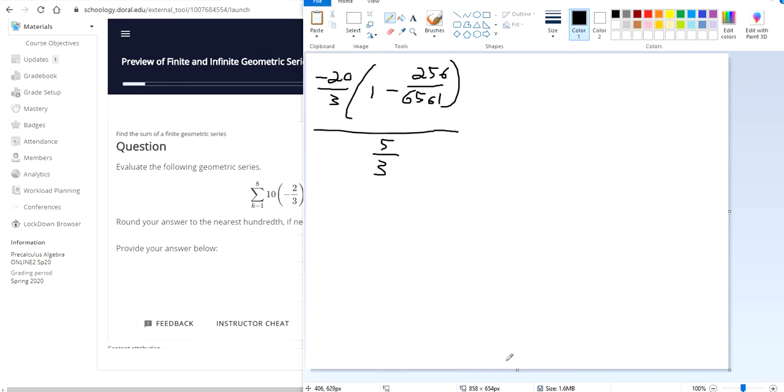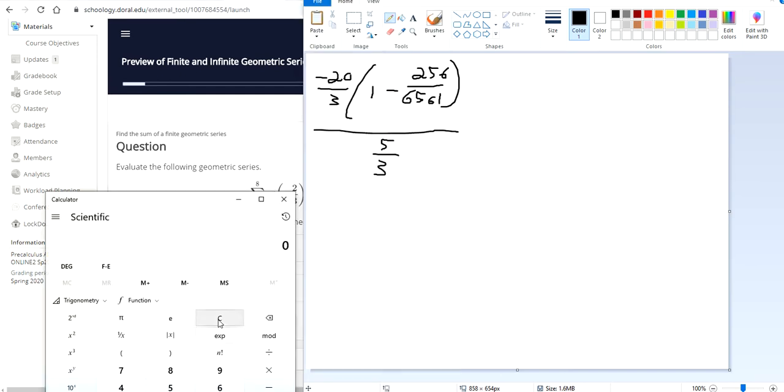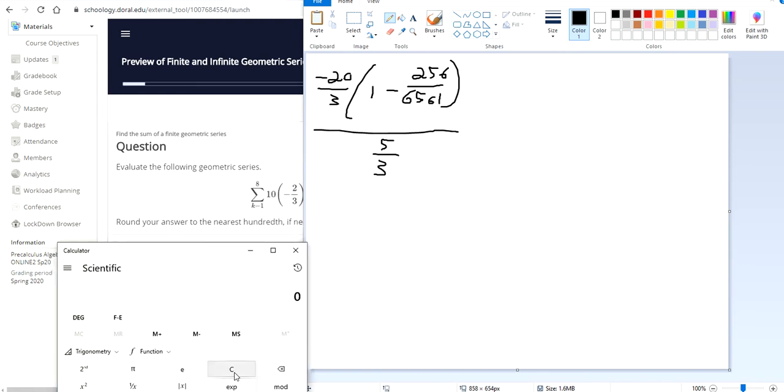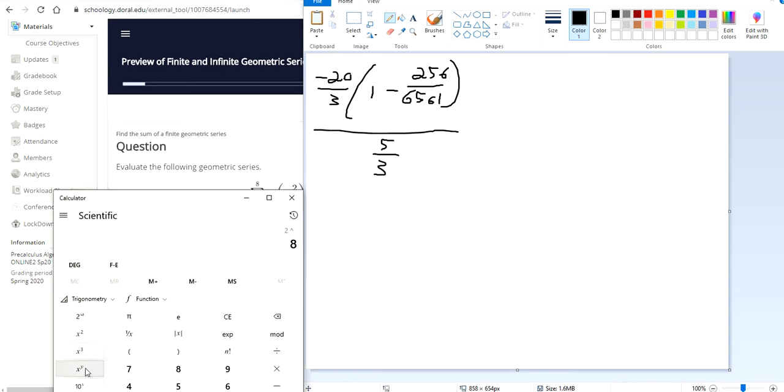Nearest hundredth, shoot, so we could have just used decimals this entire time. I was trying to keep the fractions, but is 2 to the 8th really 256? Yeah, let's jump to a decimal approach, okay? That'll make our lives easier. So 256 divided by 6561 makes this number, and we need to subtract that from 1 inside that parentheses.